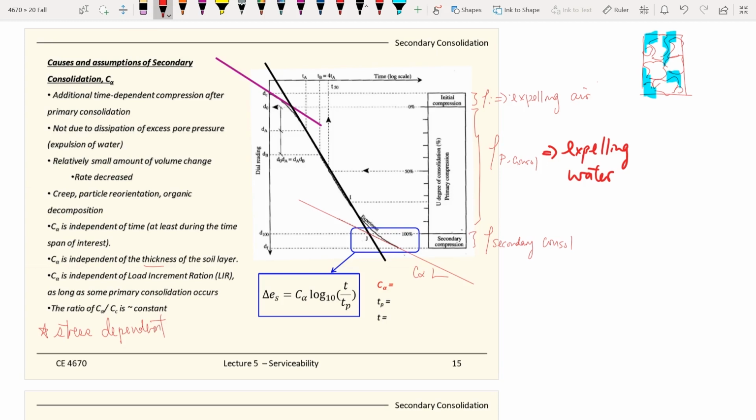Which means if you change the stress level, increase the stress level, the primary consolidations can be reinitiated.